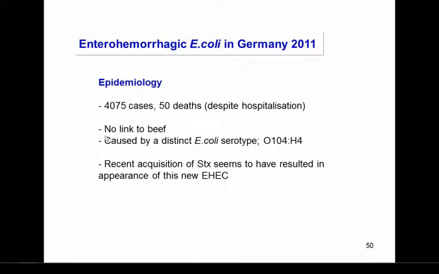Unusually, there was no link to beef amongst the people who got infected. And it was caused by a new serotype, O104:H4. So it seems like, in this case, the toxin genes have newly arrived in this strain of E. coli and caused the appearance of a new strain of enterohemorrhagic E. coli.